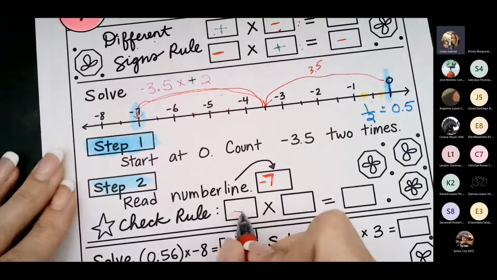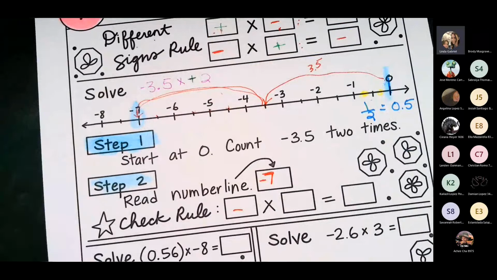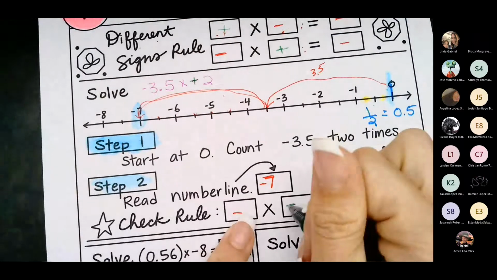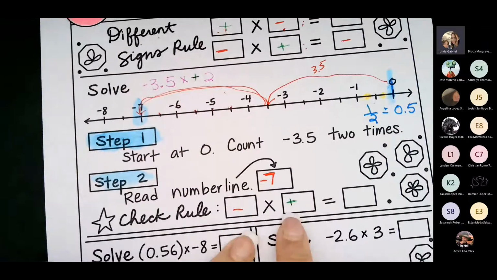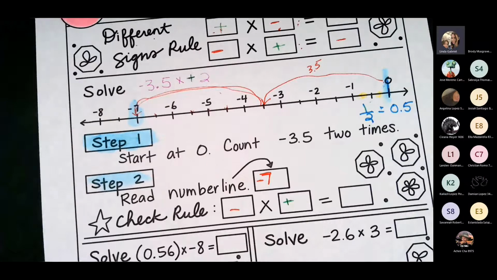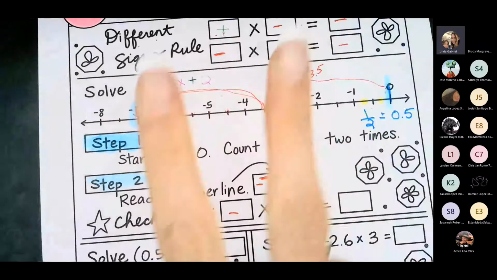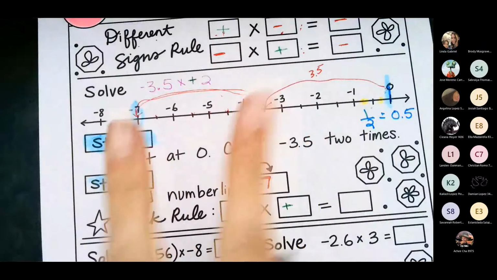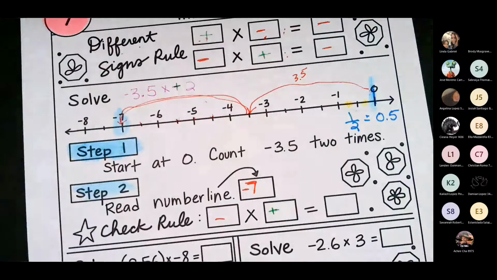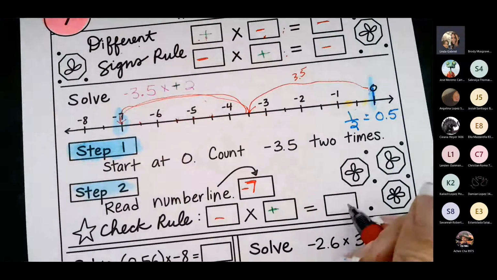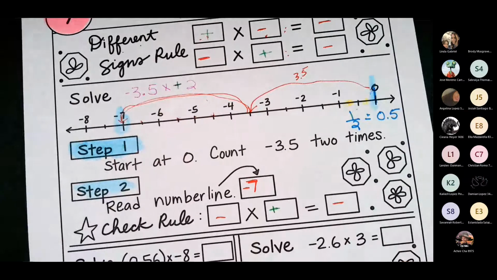If I have a negative and I multiply by a positive, right? So I went negative 3.5 2 times, positive 2 times, right? My answer is going to be negative, right?